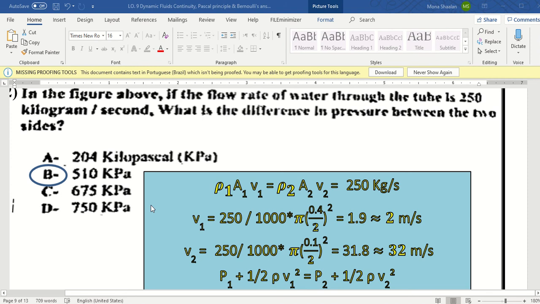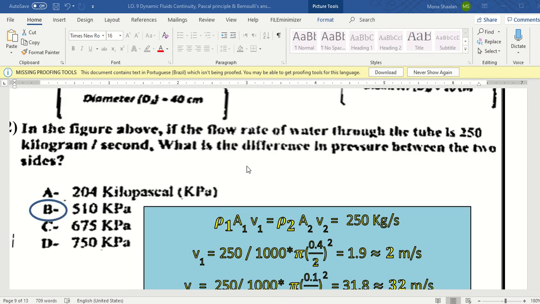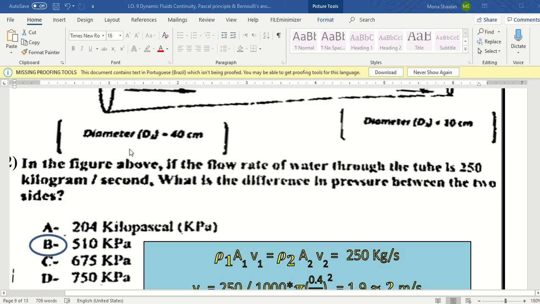The mass flow rate is given, and the mass flow rate is a constant. From these relations, by knowing the density of the fluid, which is 1000, and the difference in diameters, we can get the value of the velocity for the two sides.